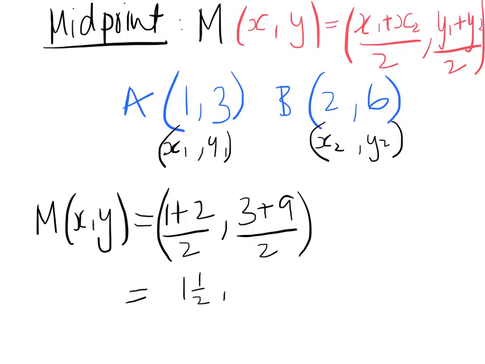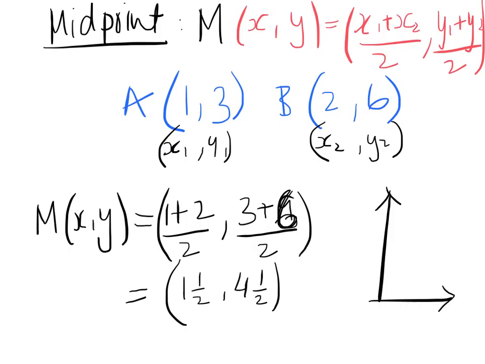And 3 plus 6 is 9, and so therefore I've got 9 divided by 2, which is 4.5. And that is the middle point. So then if I went to draw it, and I originally had this point and this point, this new point here is right bang in the middle. And that's what we've discovered.